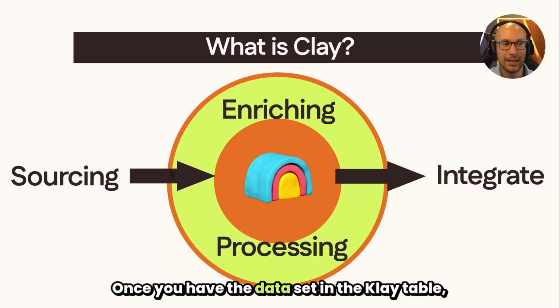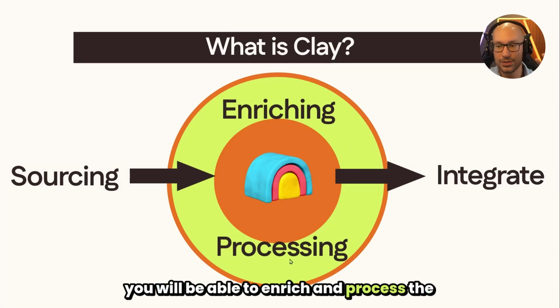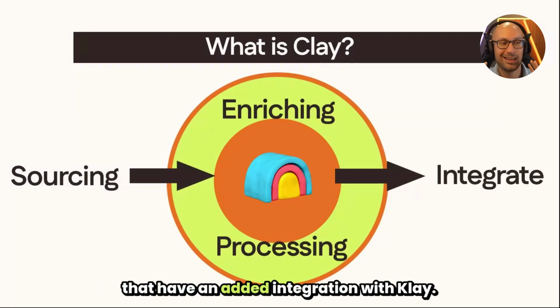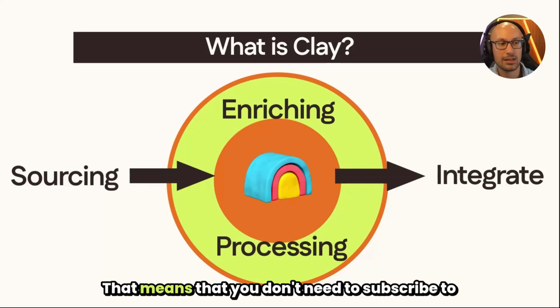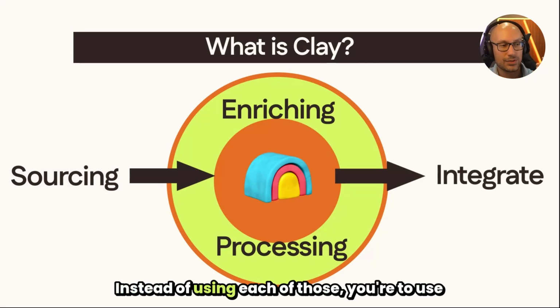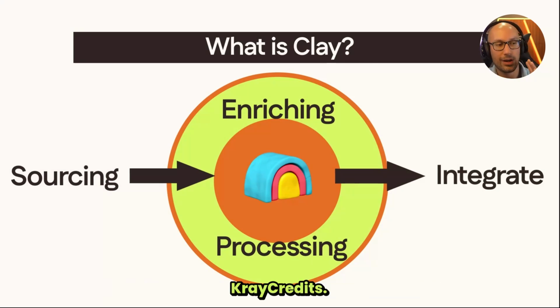Once you have the data set in a Clay table, you will be able to enrich and process the data using more than 150 enrichment solutions that have a native integration with Clay. That means that you don't need to subscribe to each of those integrations to use them in Clay. Instead, you're going to use Clay credits.